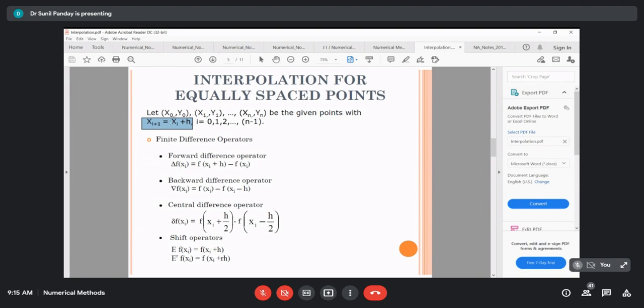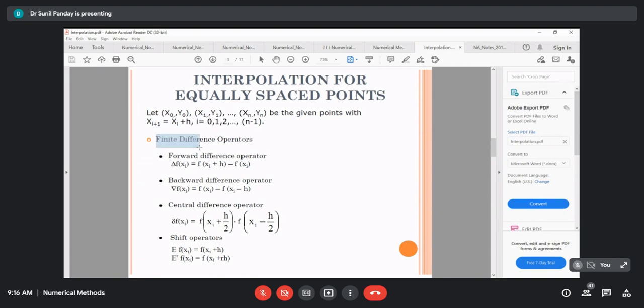You can see from this equation, xi plus 1 equals xi plus h, i goes to 0, 1, 2 up to n minus 1. So the difference between x1 and x0 is h. Similarly, x2 and x1 is h. So this kind of data is known as equally spaced data.